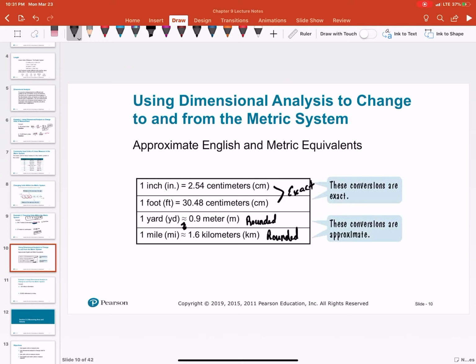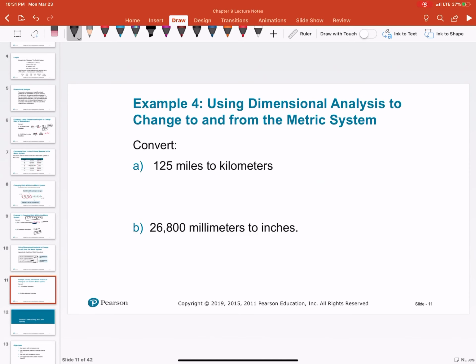All right, let's look at an example of this one. So here we've got 125 miles, and I'm going to just put that there. Now we need to look at what we've got. So we had 1.6 kilometers per what? 1 mile.